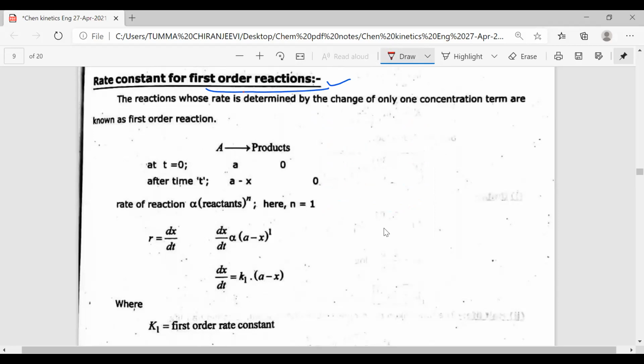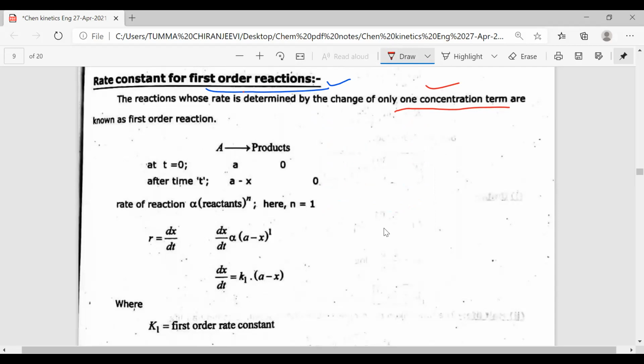First order reaction means the reactions whose rate is determined by the change in only one concentration term. So the rate of the reaction depends upon only one reactant's concentration.